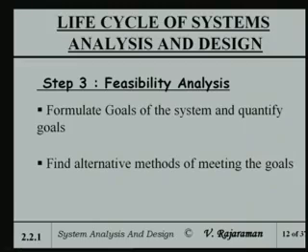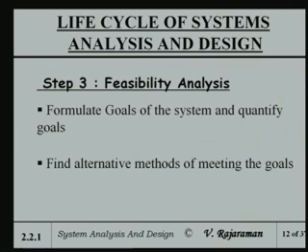Now, having put up this specification document, the requirement could be met in different ways. The system requirement specification only says what requirement you are going to meet, but how you are going to do it, there could be different alternatives.